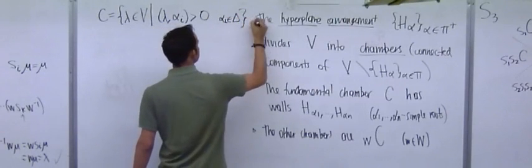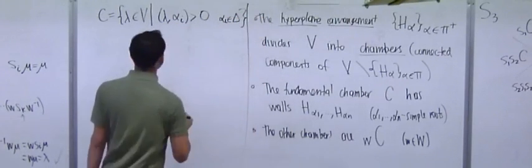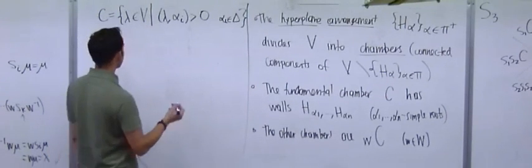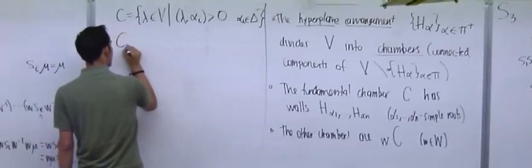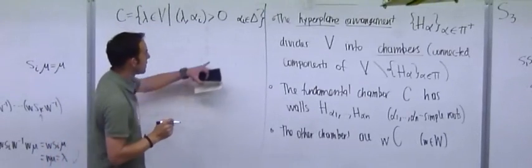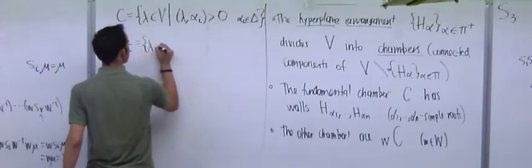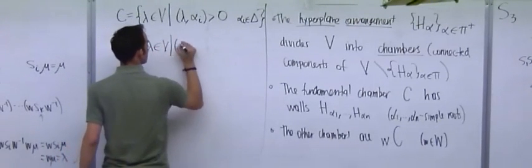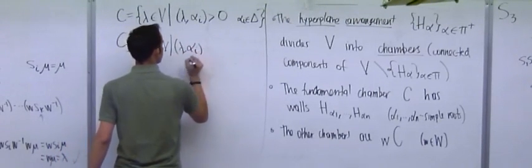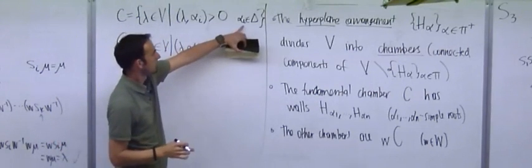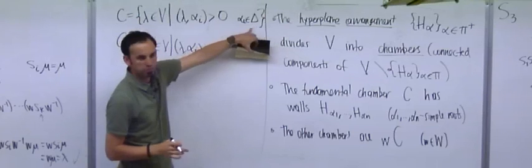Okay. But now I want to define C sub I for each subset of the simple roots to be the set of points such that. So I you should be thinking of as basically a sum of these roots. Okay.